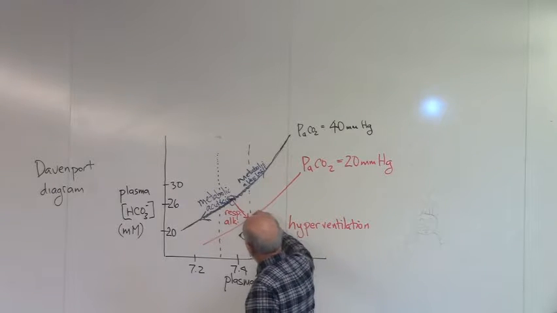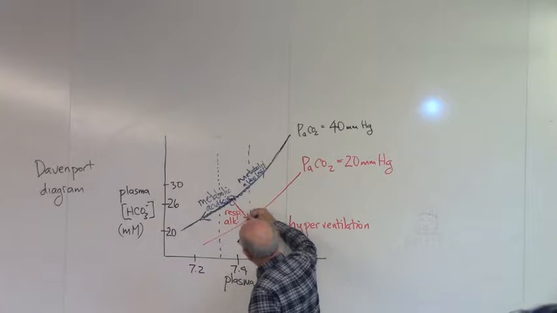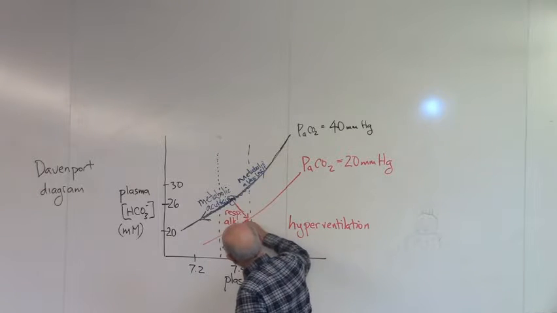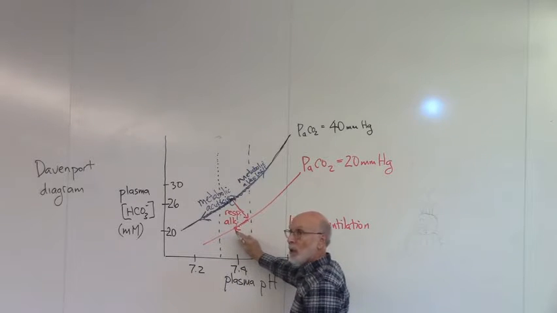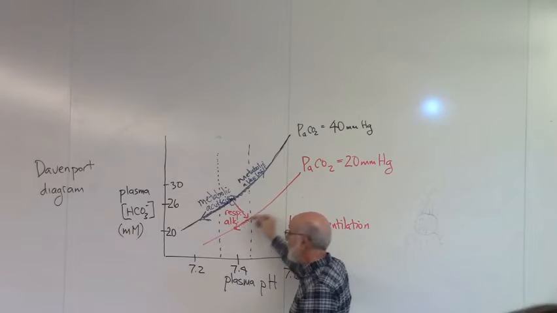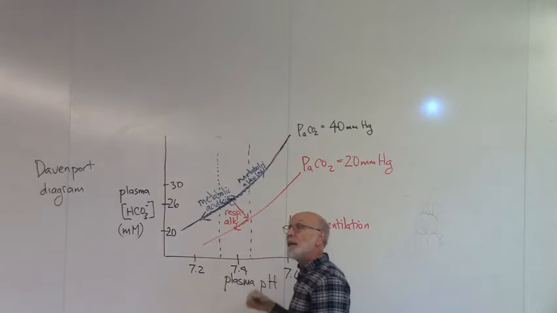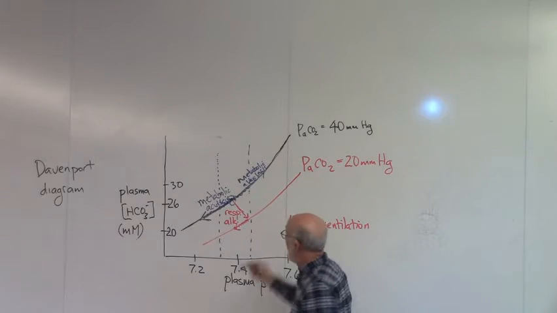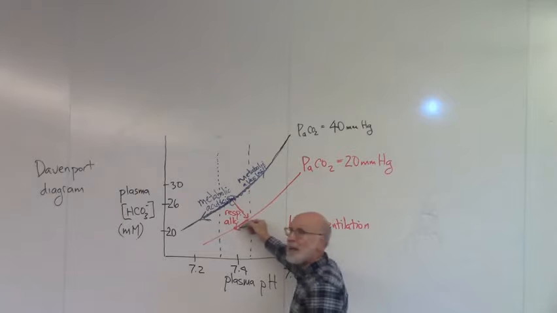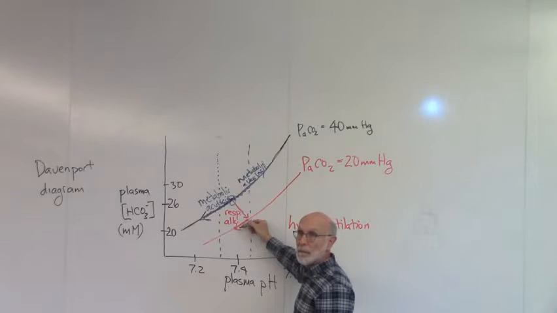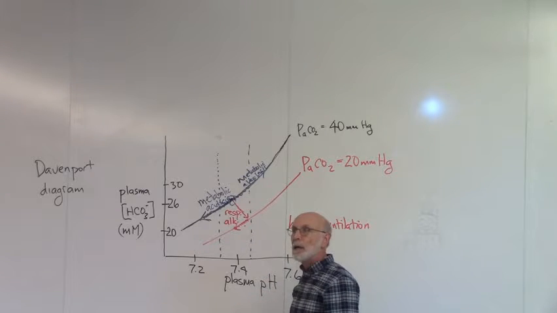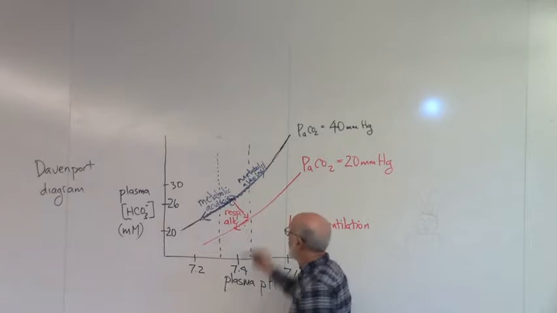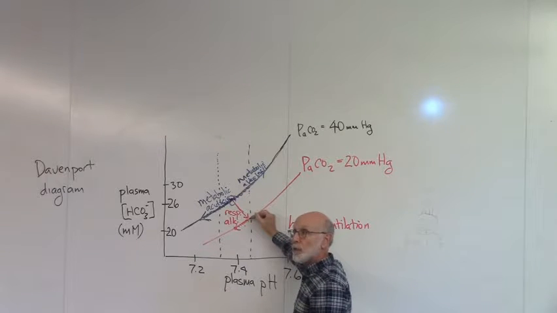And so the body is going to respond by moving down this curve so that it's back to 7.4. We're hyperventilating, so we have to stay on this curve as long as we're hyperventilating. But the body can compensate for that hyperventilation by retaining acid. And so this one right here would be called metabolic compensation for respiratory alkalosis.